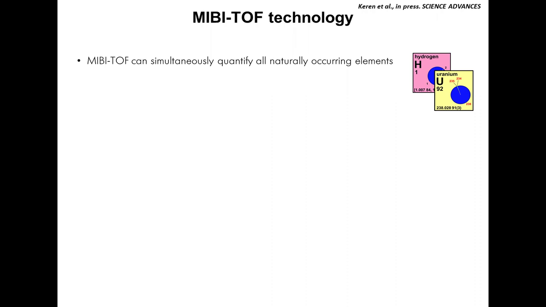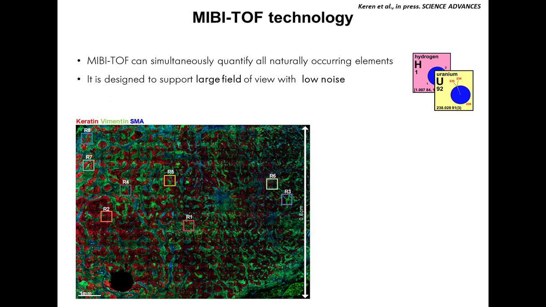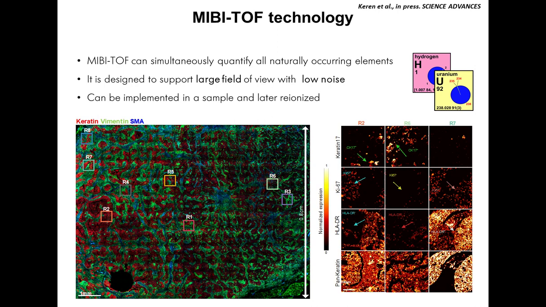We additionally, as you can see on the next figure, show that MIBI is designed to support large field of view with low noise. As you can see in this figure on the left, which we call survey scan, usually done at low resolution to capture, for example, the tumor heterogeneity.